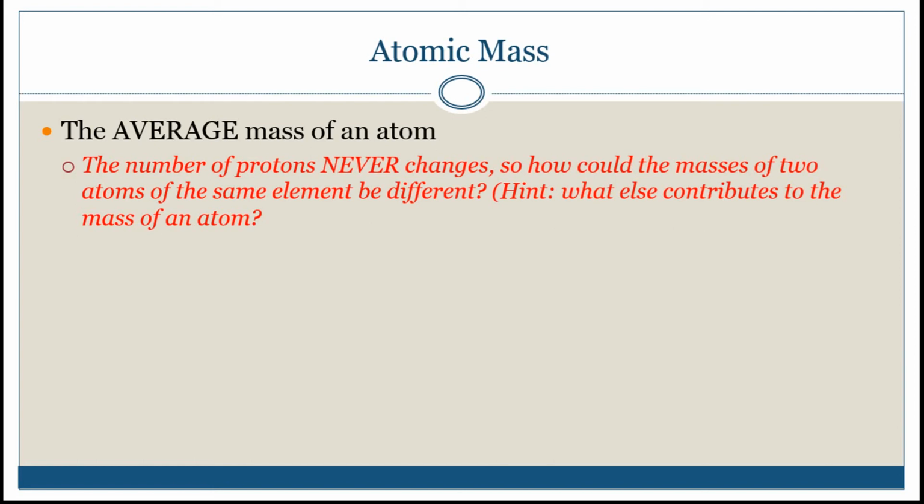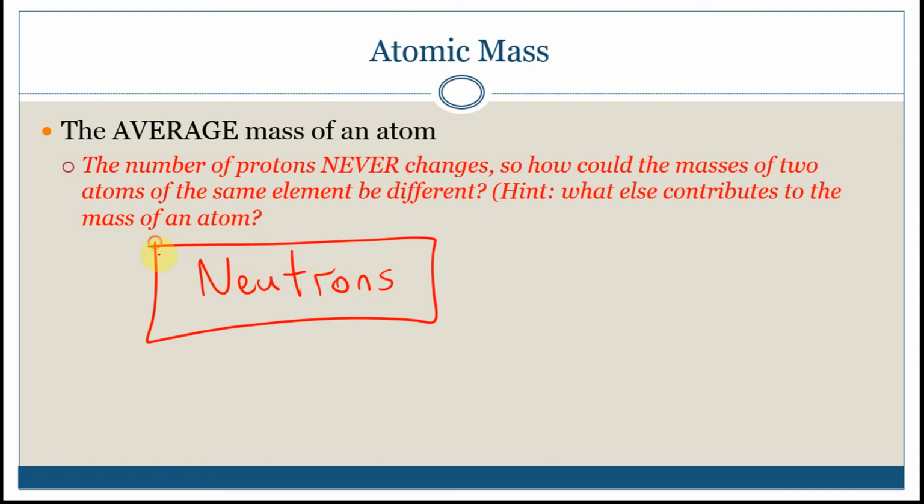The number of protons never changes. So how could the masses of two atoms of the same element be different? I wrote down hint. What else contributes to the mass of an atom? Neutrons. That can change.